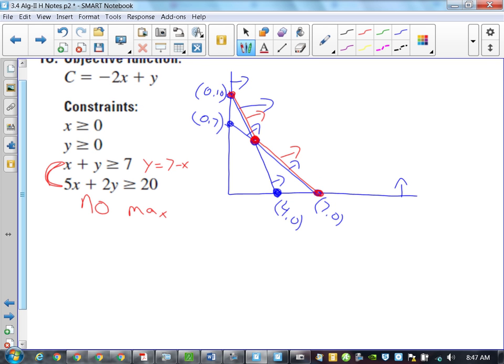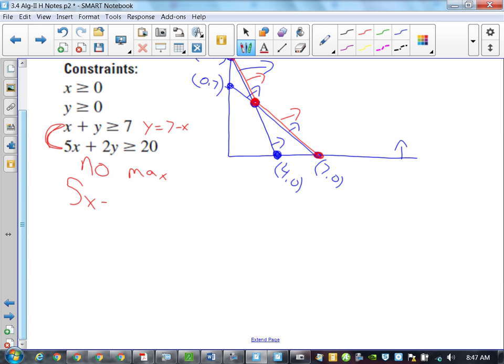So when I do that, I get 5x plus 2 times the quantity 7 minus x is 20. So we get 5x plus 14 minus 2x is 20.